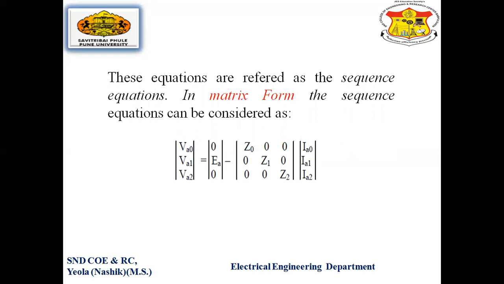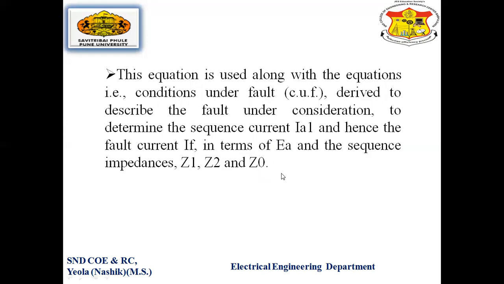Similarly, IA0, IA1 and IA2 are the zero sequence, positive sequence and negative sequence components of the current, and this is the Z matrix.